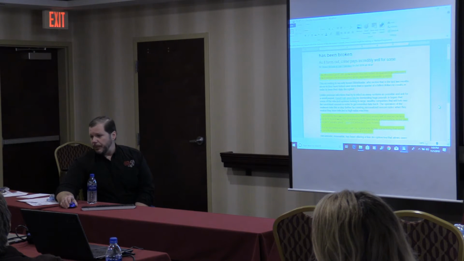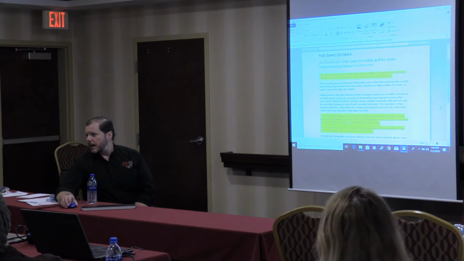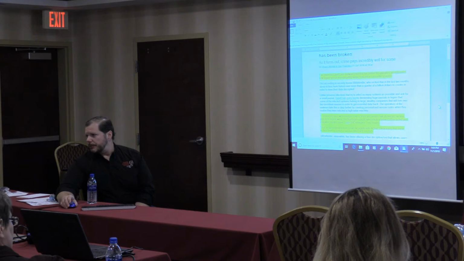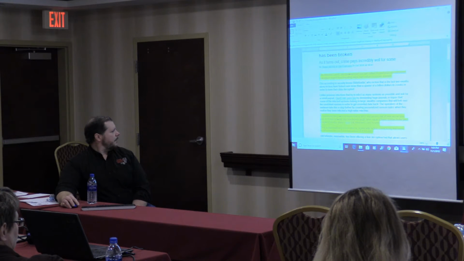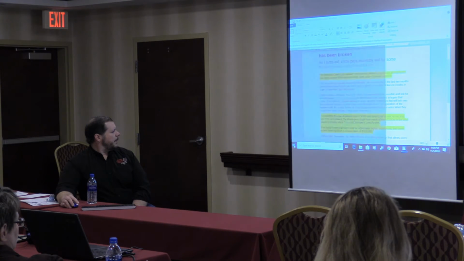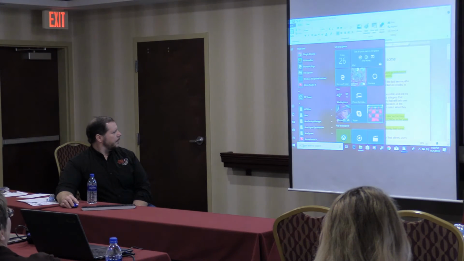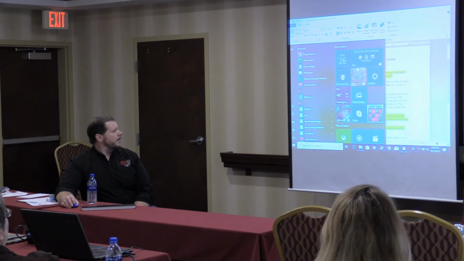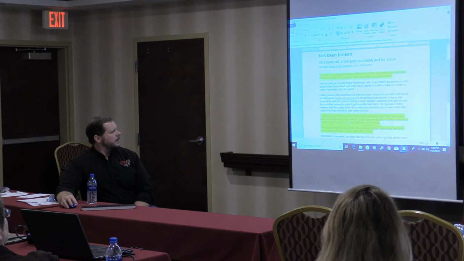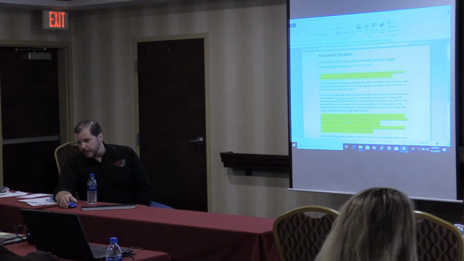On Windows 10 Professional, it's called BitLocker, and it's built into Windows. If you just go to Start down here and type in BitLocker, it will bring it up and show it to you. And then you can turn it on and enable it, but you have to have 10 Professional.